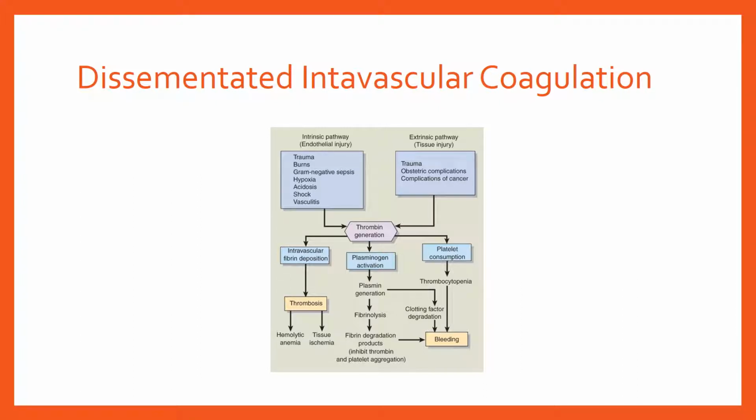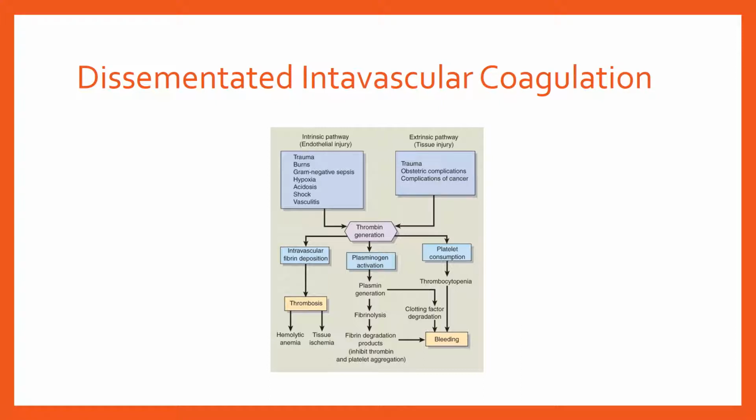The extrinsic pathway may occur when tissue factors become activated, and it is very common in OB/GYN disorders, basically obstetric complications. Complications of cancer may also lead to this, and also major trauma. But the intrinsic pathway is really endothelial injury.